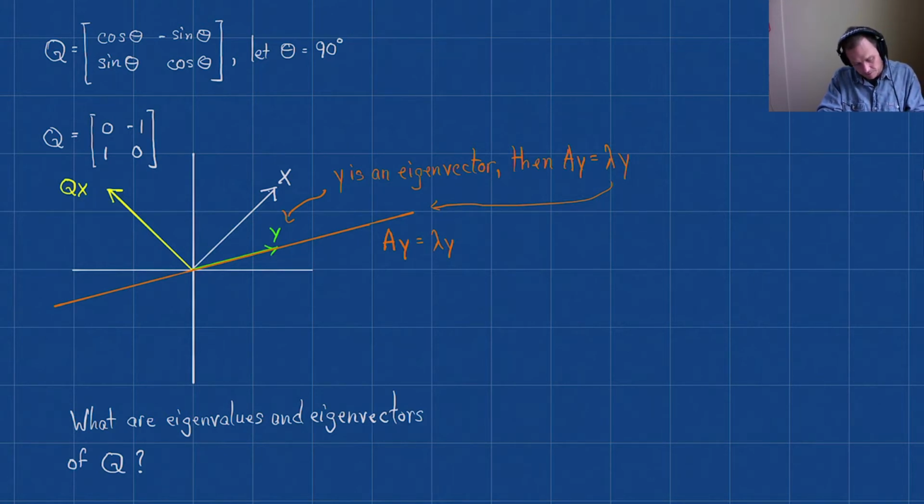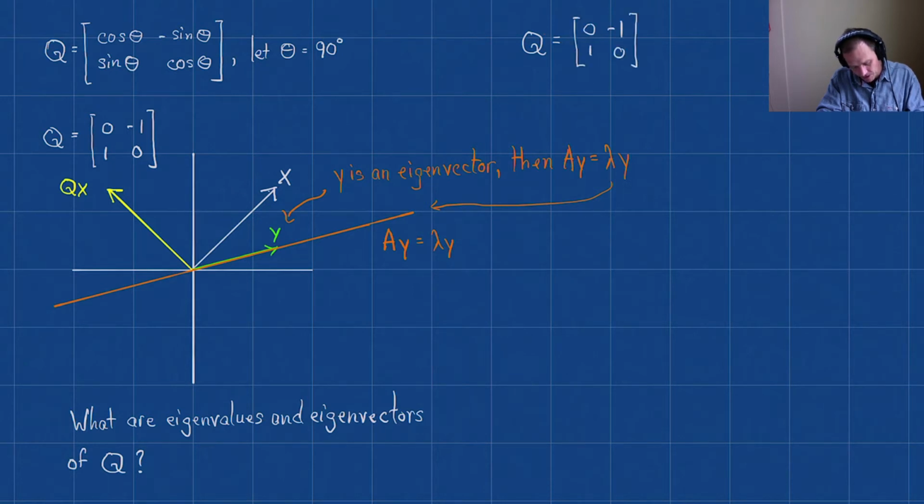Here we go. We're going to do this a little faster. Remember what we said last time. Here's my Q: 0, 1, minus 1, 0.